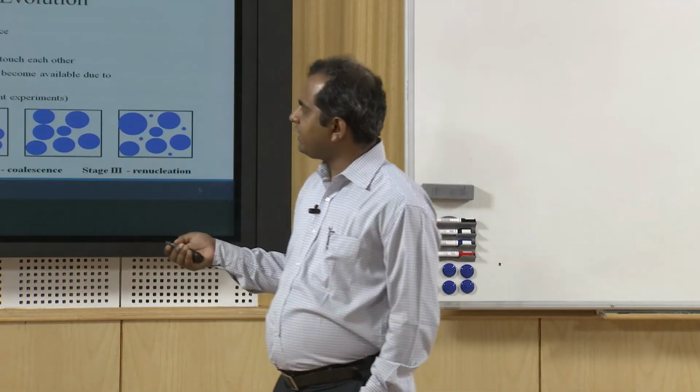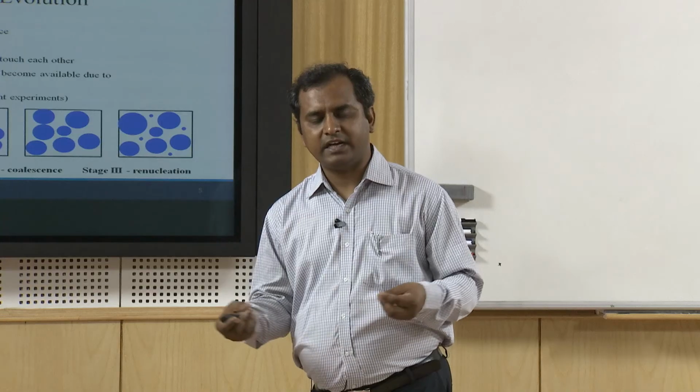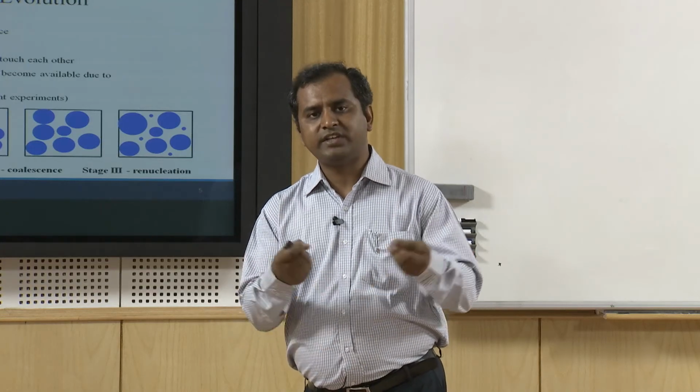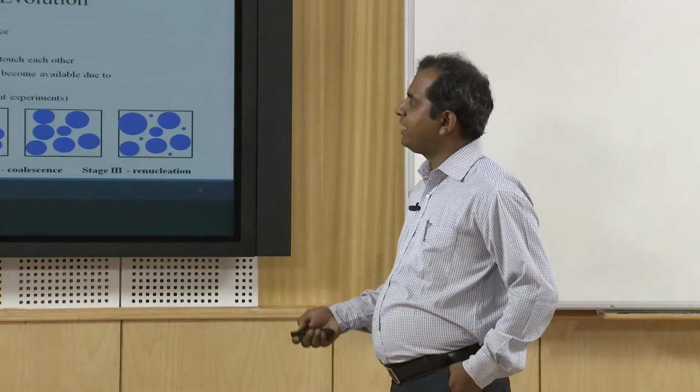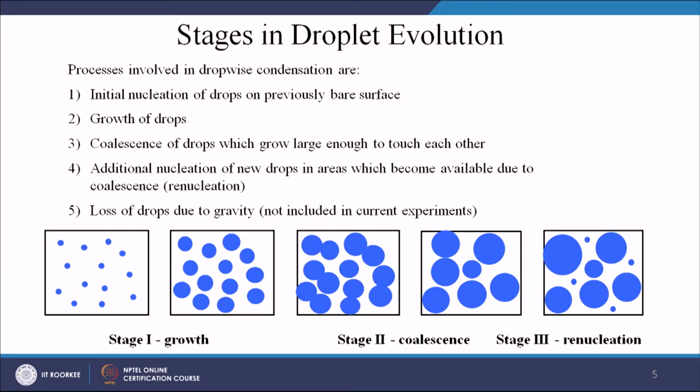After some time, when the droplet size becomes considerable, two droplets staying side by side merge or coalesce amongst themselves. Here you see the coalescence happens and the drop gets bigger and bigger in size once again, so you can find bigger droplets.